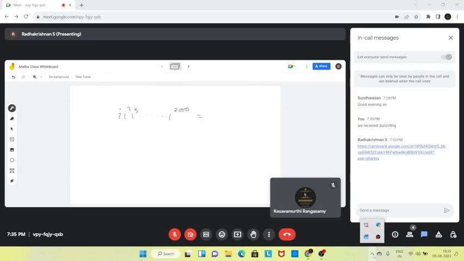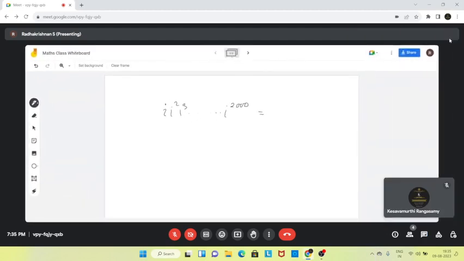Can you solve this? Just solve it. Meanwhile, copy the first problem.